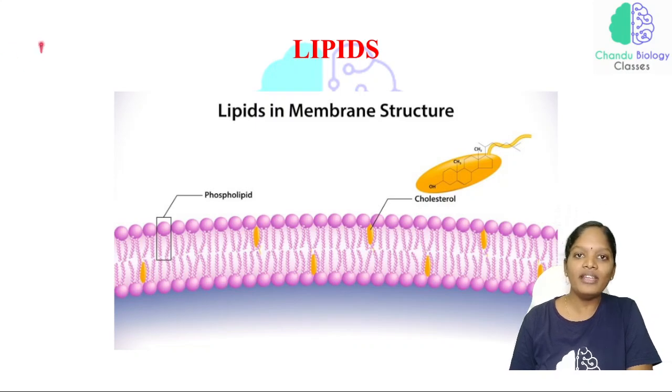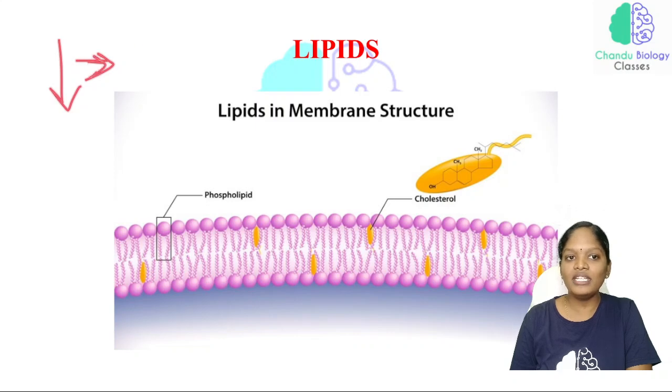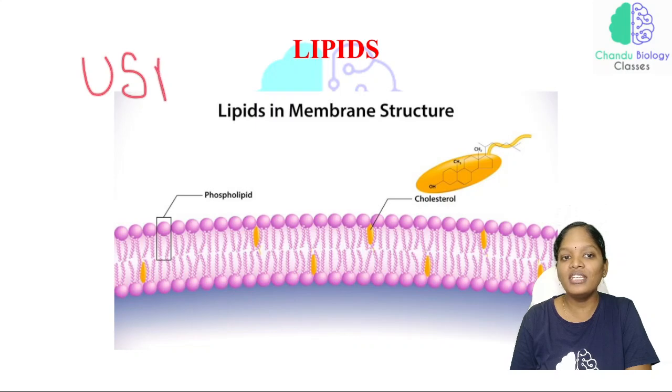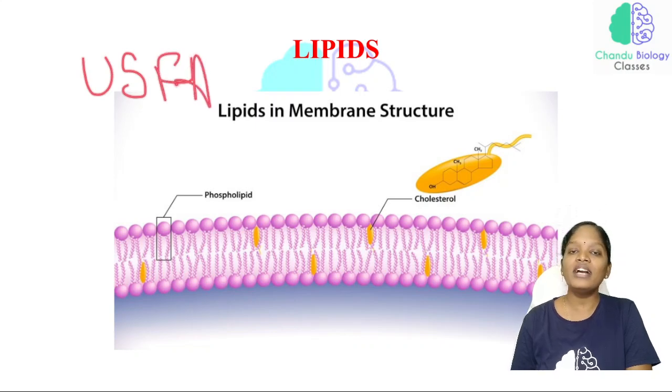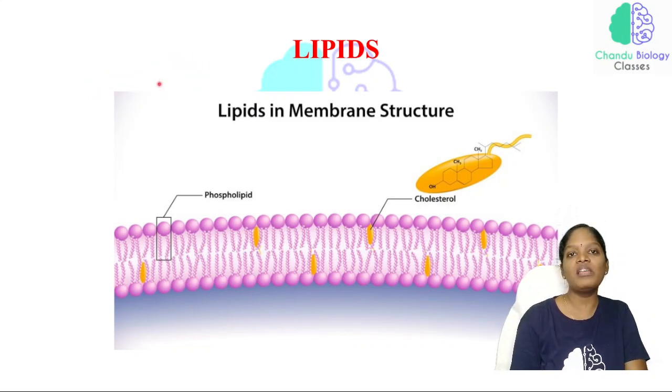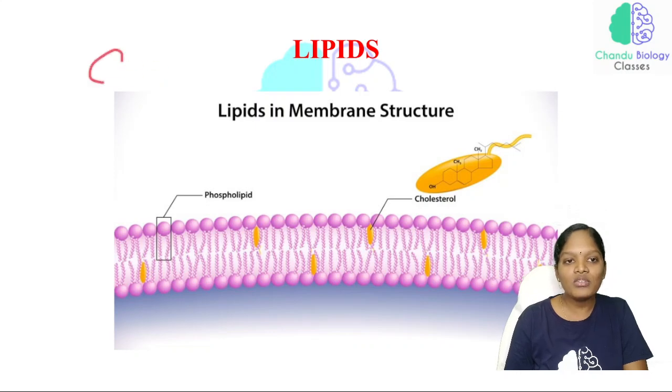In the colder region, the temperature is very low, and as a result the membrane is more rigid. The membrane should not be too rigid, so the fluidity is enhanced by the unsaturated fatty acids. How do unsaturated fatty acids make the membrane more fluid? Because of the kink-like structure.